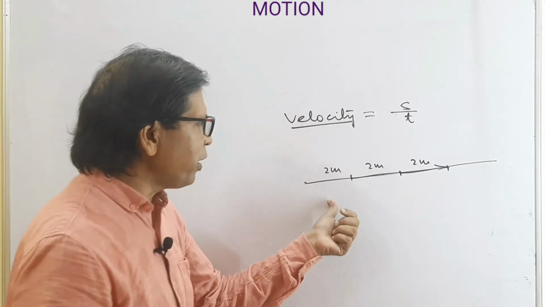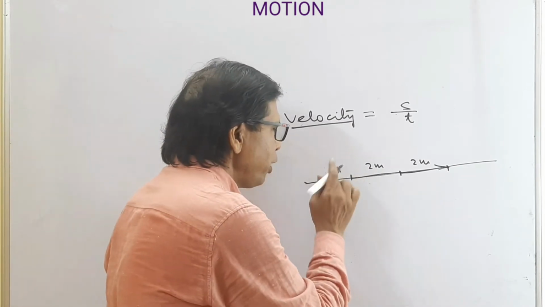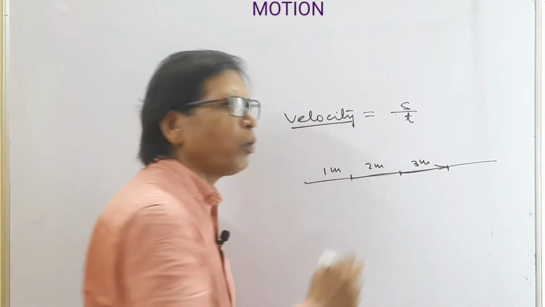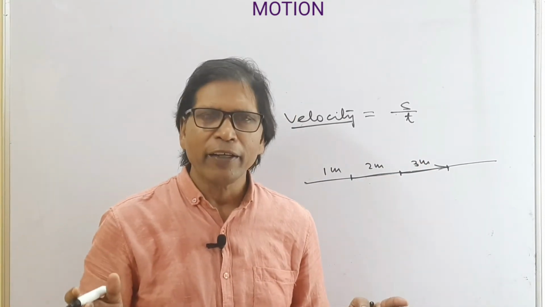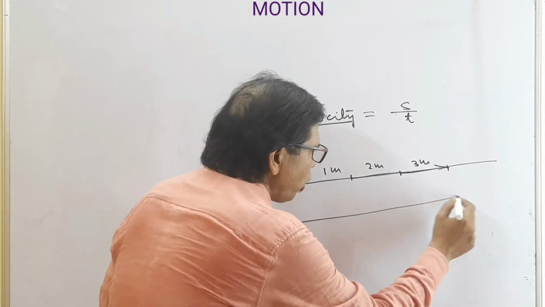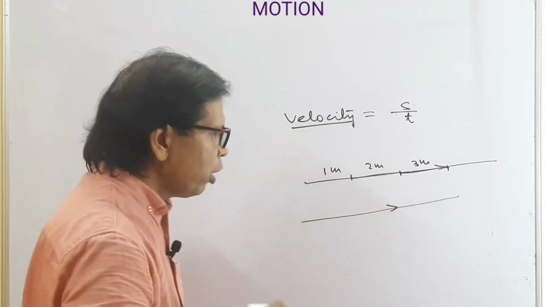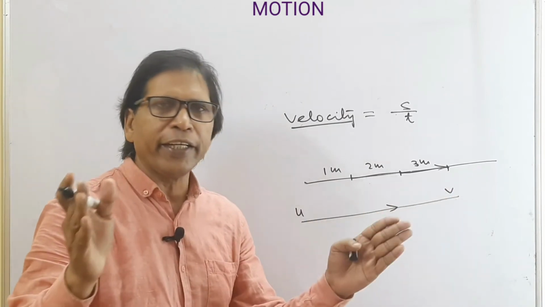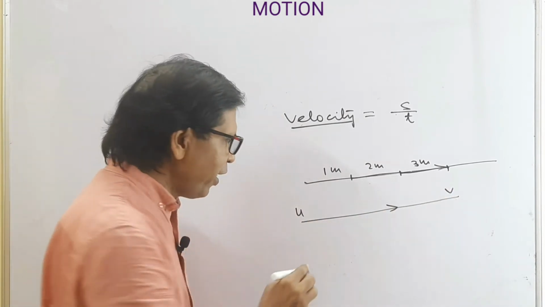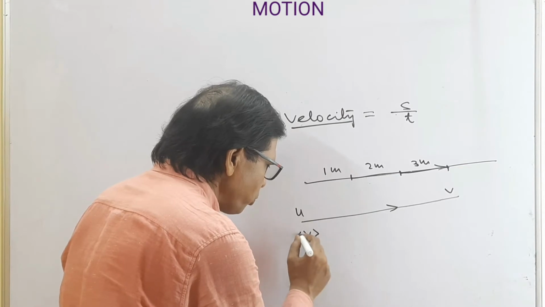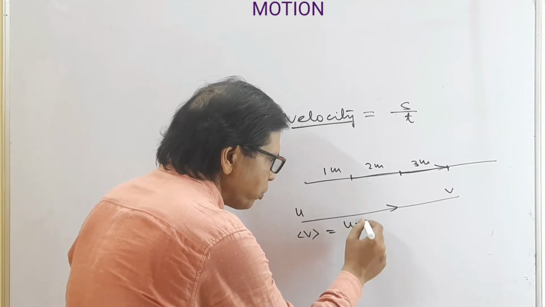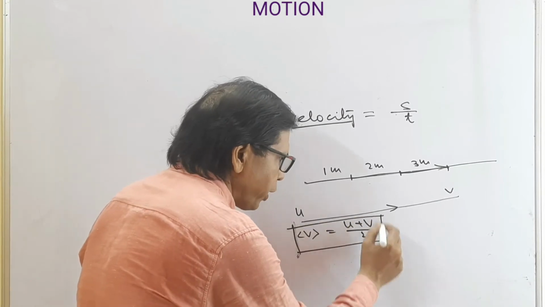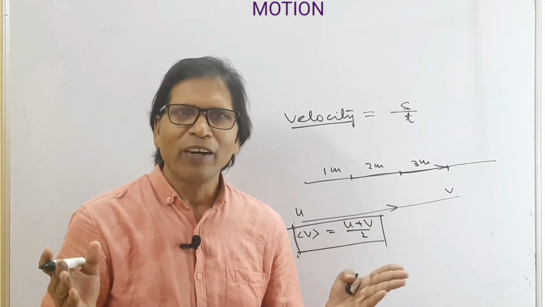In the same time interval, if it covers different distances, then it is non-uniform velocity. Okay, now if the velocity of a body increases from u to v at a constant rate, then average velocity becomes (u plus v) by 2. This is very important for you.